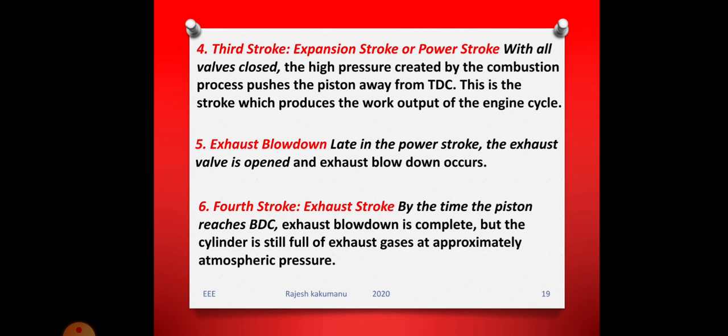What happens in the power stroke or the expansion stroke? With all valves closed, the high pressure with a constant volume combustion process pushes the piston away from TDC, away from, కిందకి నెట్టేస్తుంది. At that point, this is the stroke which produces the work output for the engine cycle.